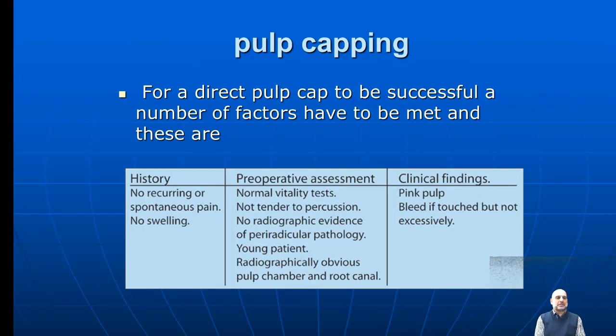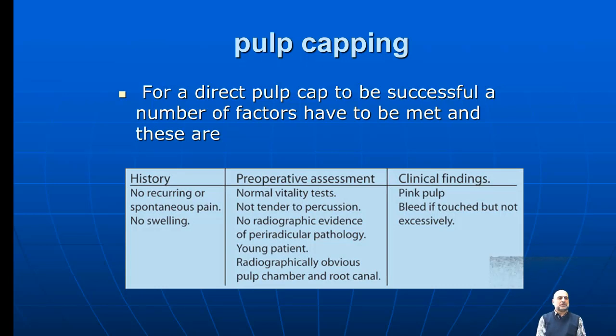A young patient. Why a young patient? A young patient is more vascular, more liable to healing, more liable to formation of a dentinal bridge to close the exposure site.